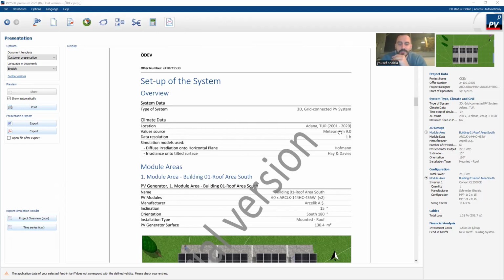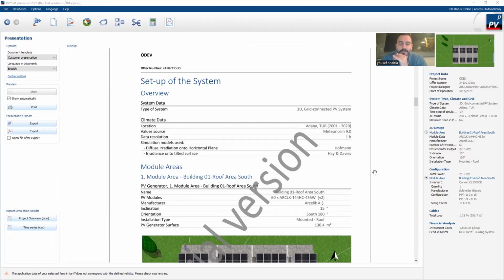As you can see on this page, the climate data for the simulation is taken from Adana, Turkey, for the period between 2001 and 2020. The data source is Meteonorm version 9.0, one of the most accurate and widely used global solar irradiance databases.